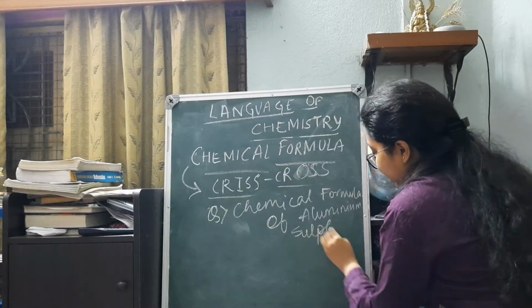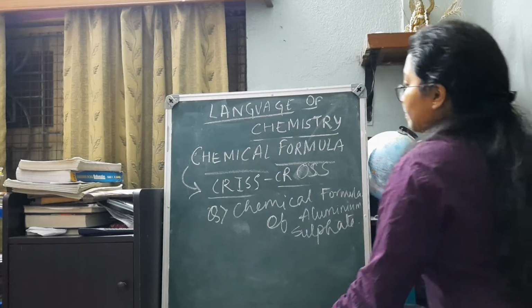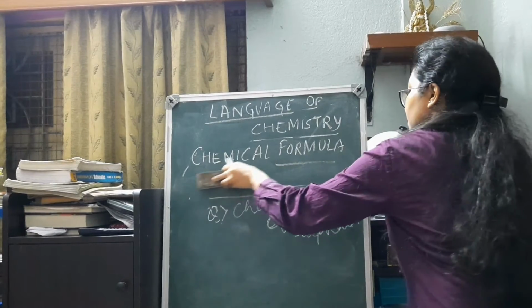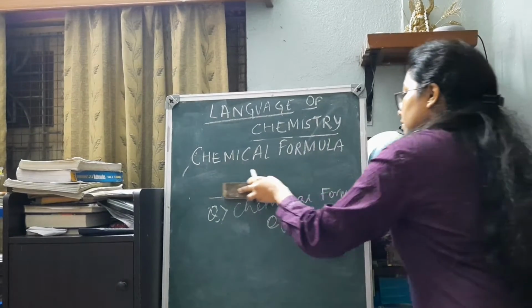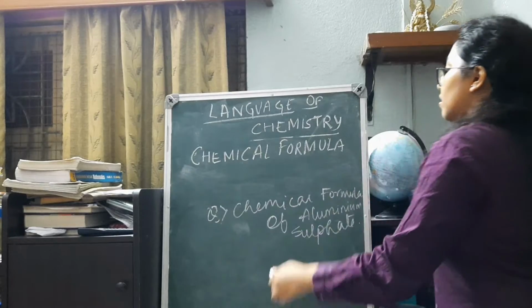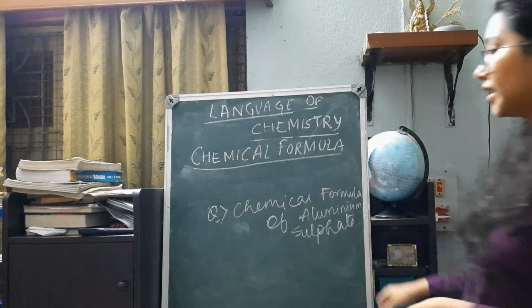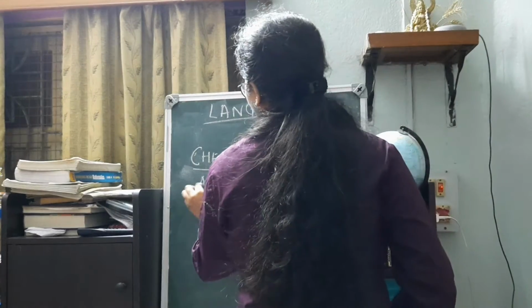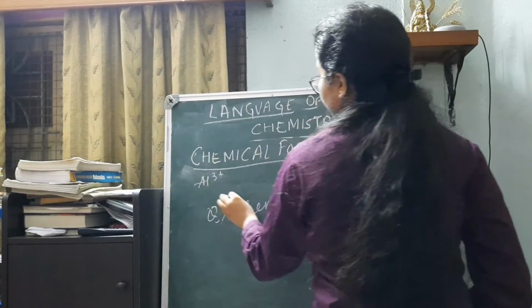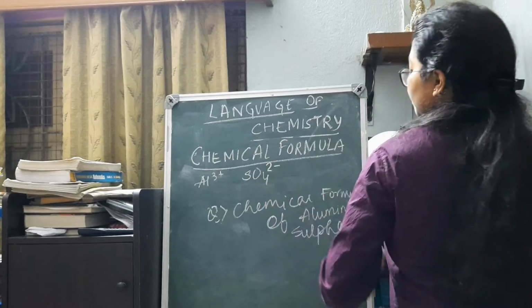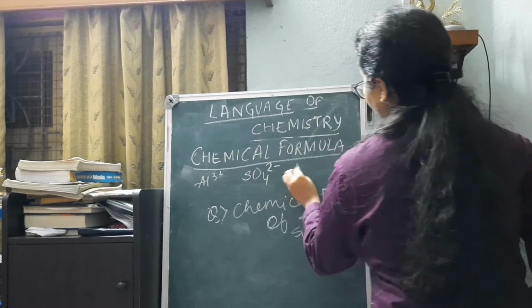Pause the video, do it, and then check it out. The chemical formula for aluminium sulfate. Writing the cation first, then writing the anion, then going for crisscross.